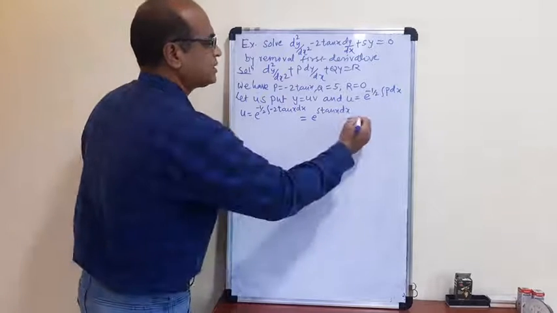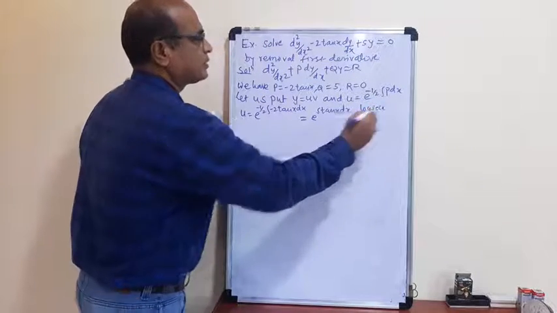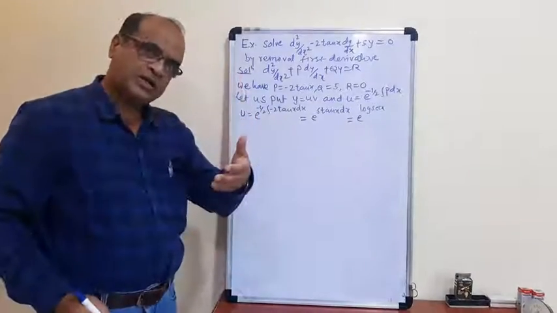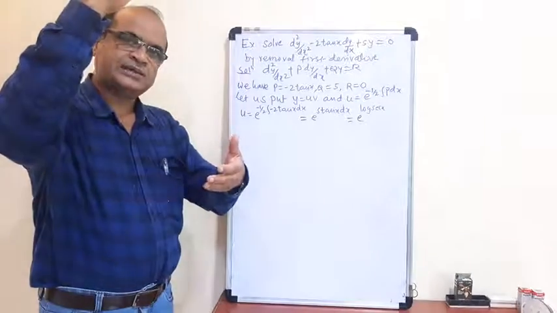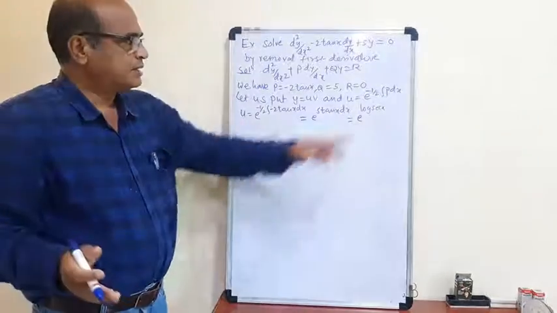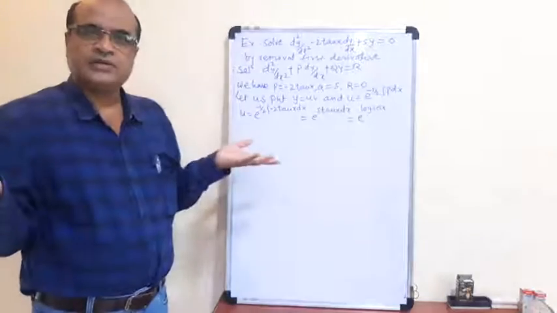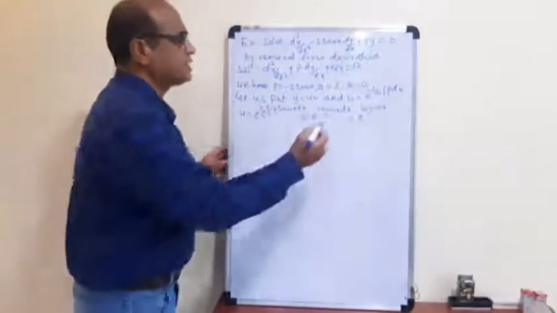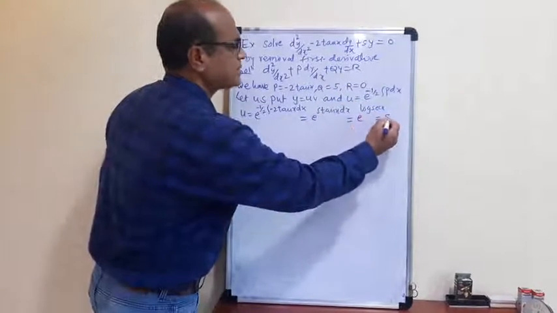That is log of sec x, because the derivative of log of sec x is 1 upon sec x into derivative of sec x, which is sec x tan x. Sec x gets cancelled, tan x is remaining. So the integration of tan x is log of sec x, and e raised to log of sec x is simply sec x.